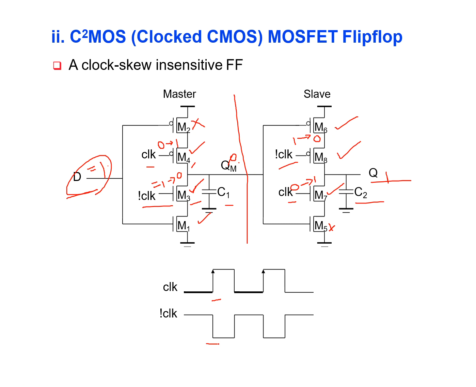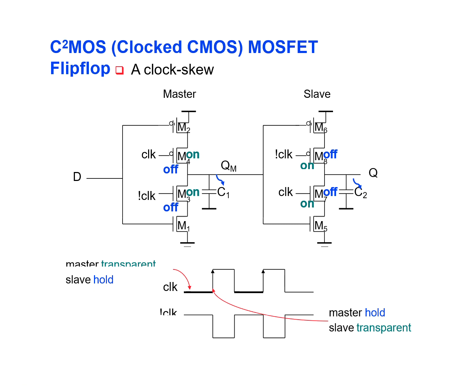And let us consider if there exists an overlapping condition when both the clocks are 0 0. Making my clock 0 0 makes this transmission gate, the PMOS transistor, to be in on condition and the other in off condition.